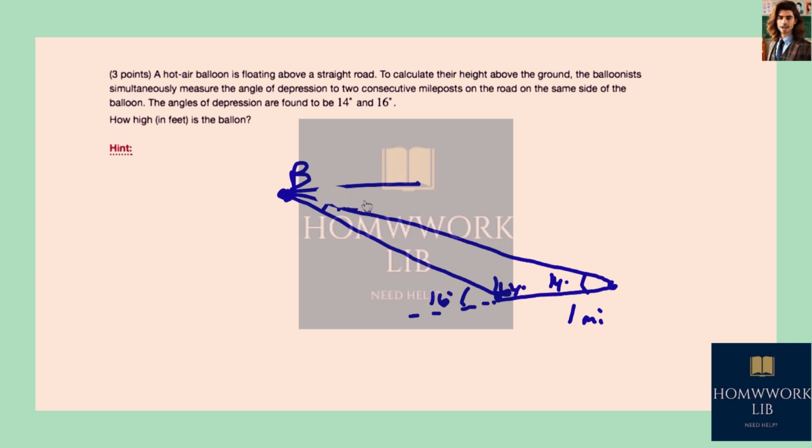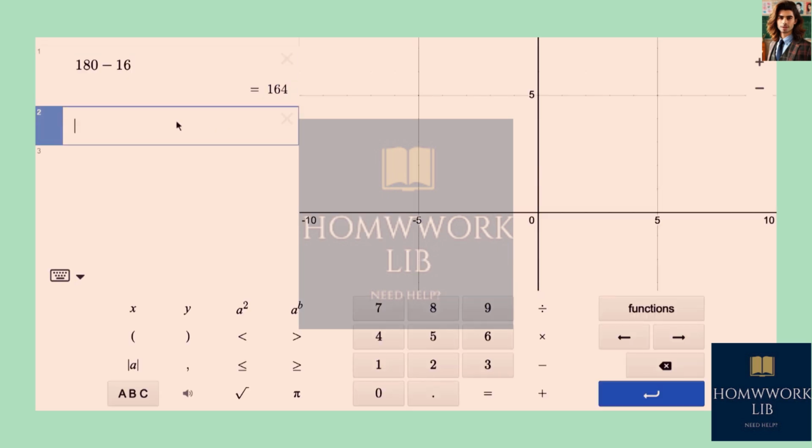That would allow us to find just this angle at the top of the triangle, which is at the balloon. That would be 180 minus 14 minus 164.